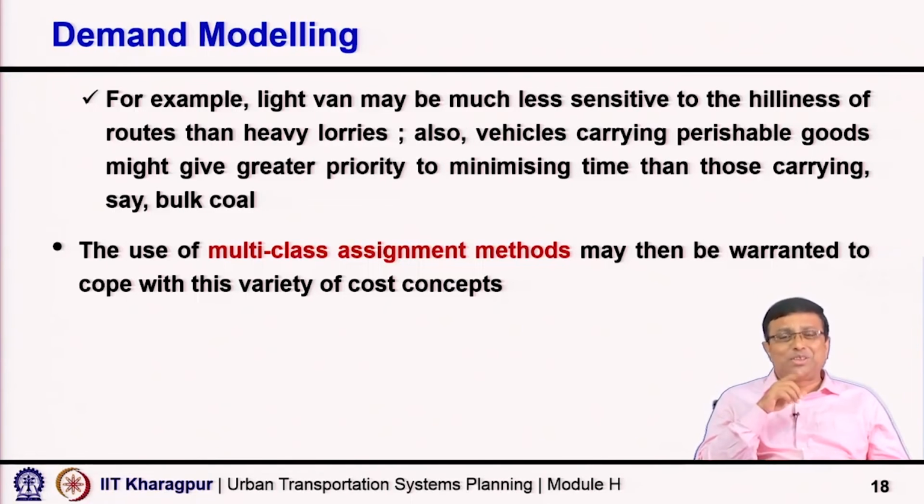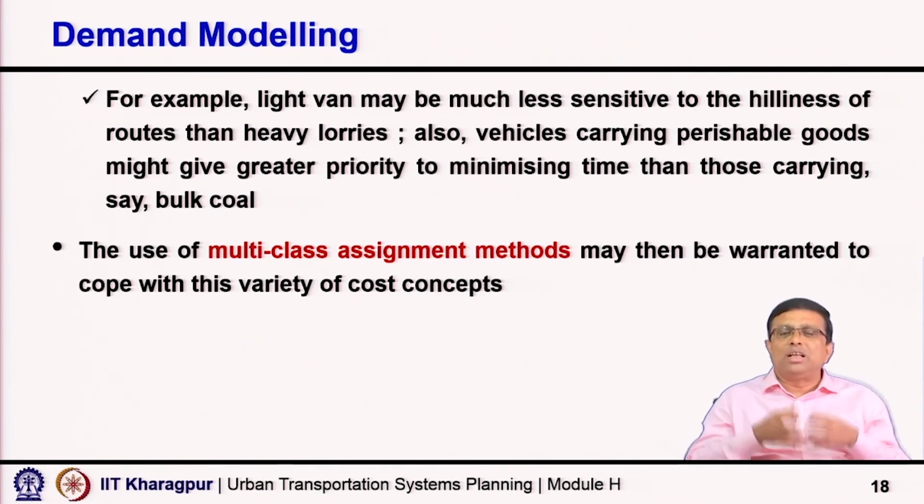You have to consider what is the gradient along that route, whether my heavy vehicles can negotiate that or not. Also, vehicles carrying perishable goods might give greater priority to minimizing time than those which are carrying other kinds of goods, where the time value is very less, practically nil.